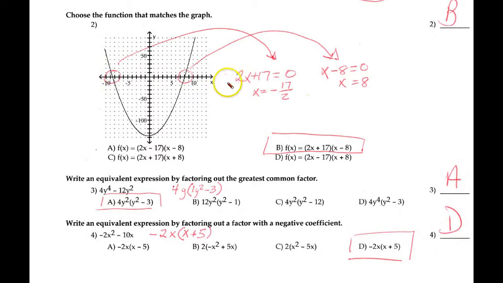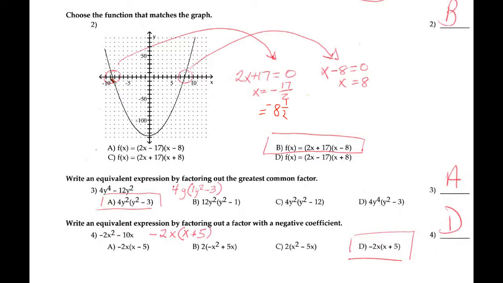And this one, it's going to be 2x plus 17 equals 0. So when you solve this, x equals a negative, transpose that, divided by 2. So another way to look at that, that is a negative 8 1/2, which is right there.